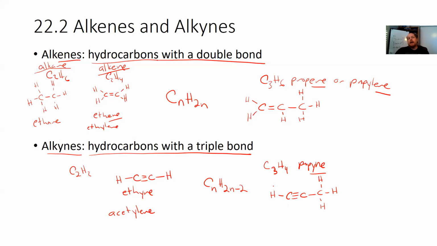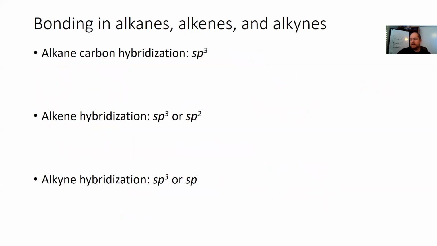When we look at these, one of the key things to remember is bonding. If you think all the way back to Chem 101, where we looked at the hybridization of the different alkanes, let's look at propane versus propene, or propylene, versus propyne. So C3H8. We'll draw out this whole structure.